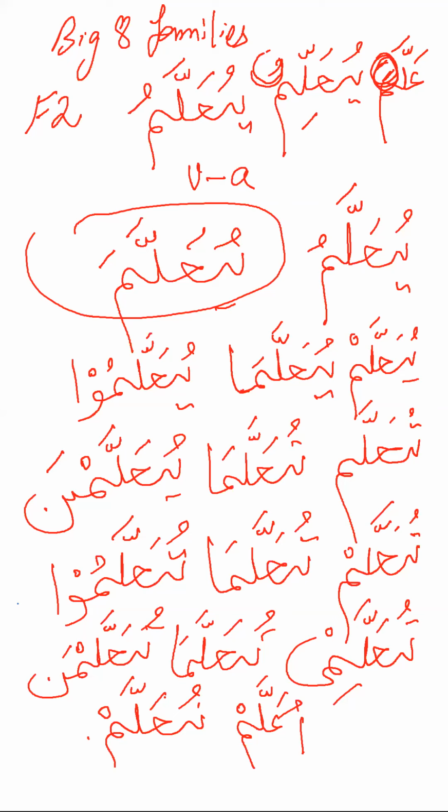In the passive forms in the Big 8 family, it is easy to find the family from the passive forms as well. In the small 6 families, all of the passive forms are the same in all of the families, so it's very difficult to find which family.